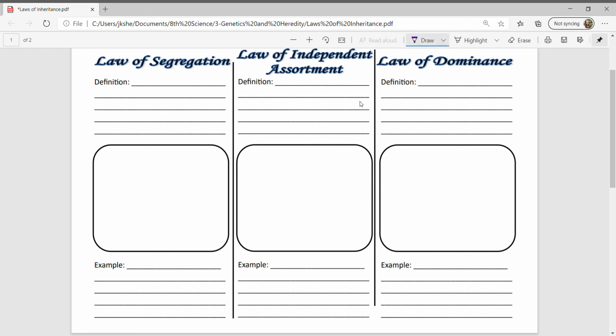So the law of segregation says that during gamete formation, the alleles of each gene separate from each other.